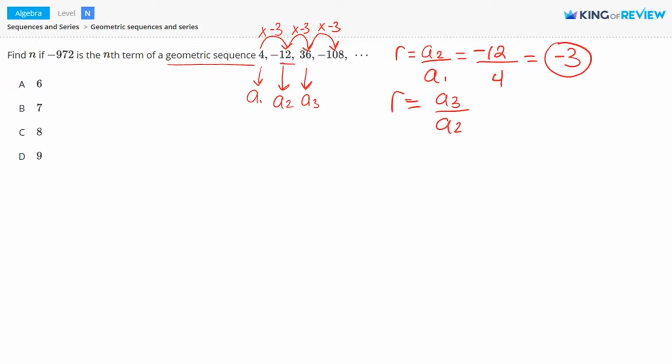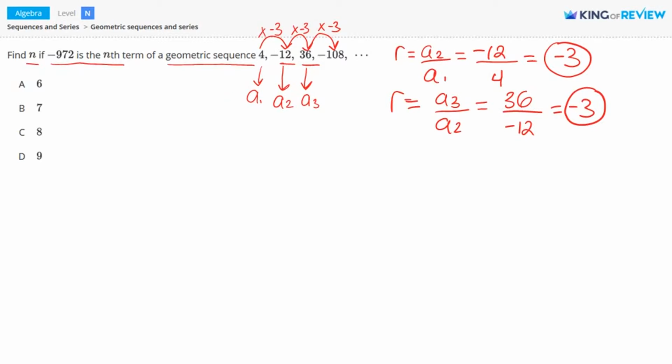And let's just check this one here, A3 divided by A2. A3 is 36, and we're dividing that by A2, which is negative 12, and this gives us negative 3. So negative 3 is the common ratio. In this problem, we're asked to find n if negative 972 is the nth term.